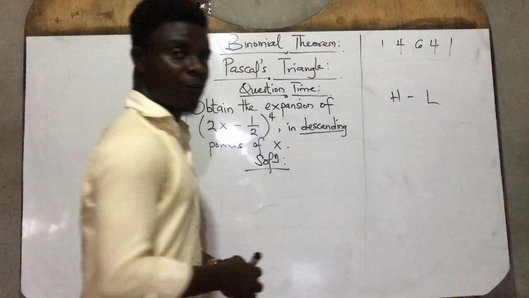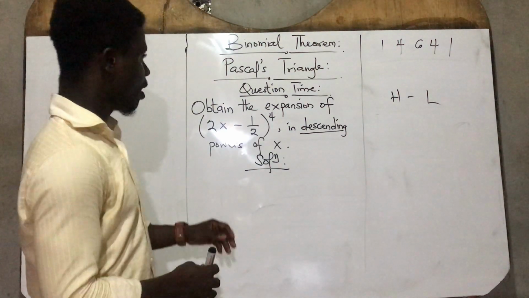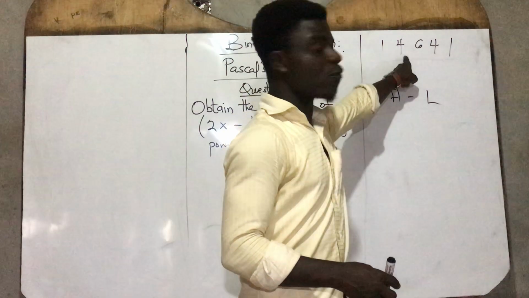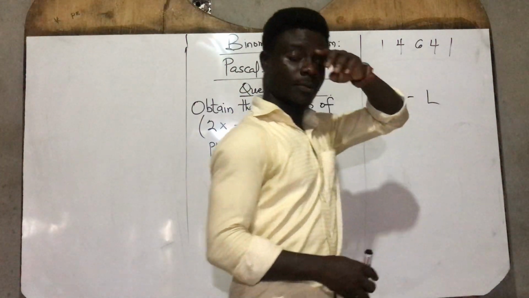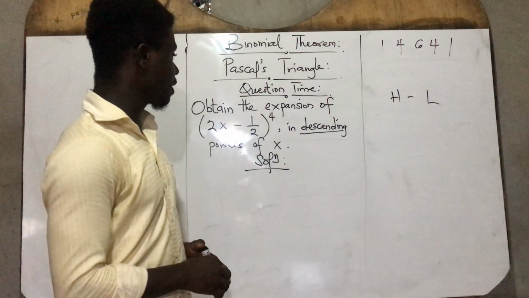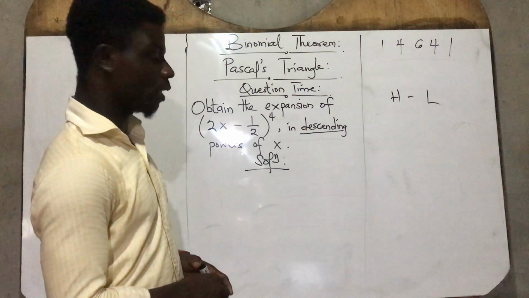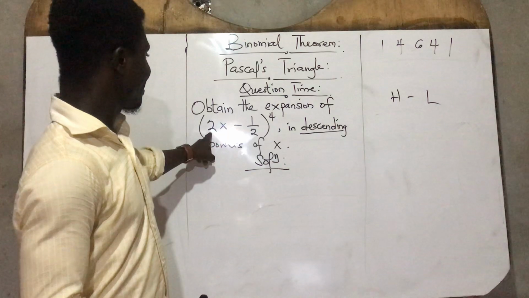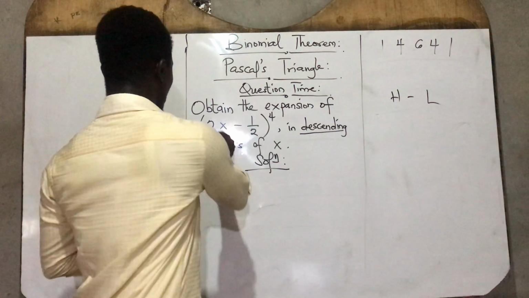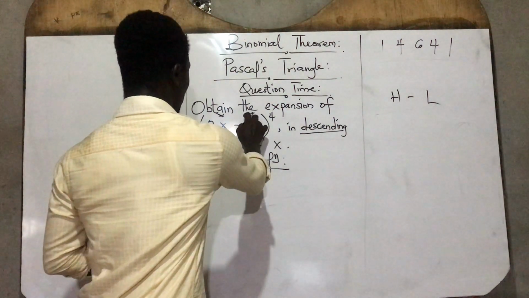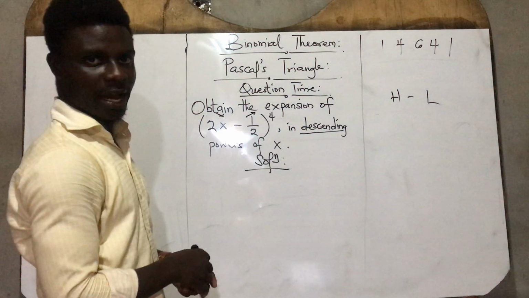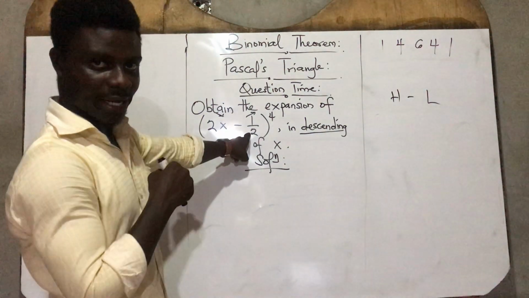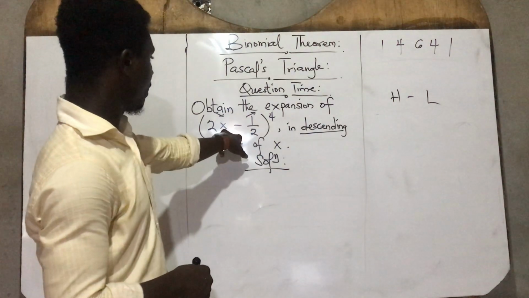So, we have to first list our coefficients, which are 1, 4, 6, 4, 1. Now, I told you that this 2x is decreasing and this one is increasing.